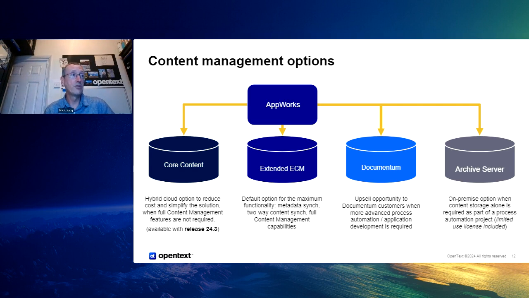So if your use case is more process automation, and as part of that there is an amount of content that you just want to archive for long-term storage as part of the process handling, but you're not worried about full-blown content management capabilities, then it is possible to deploy a limited use instance of Archive Server just for use with process automation. So as you can see, we have the full range of OpenText solutions.